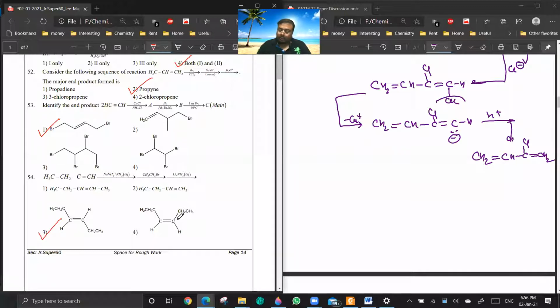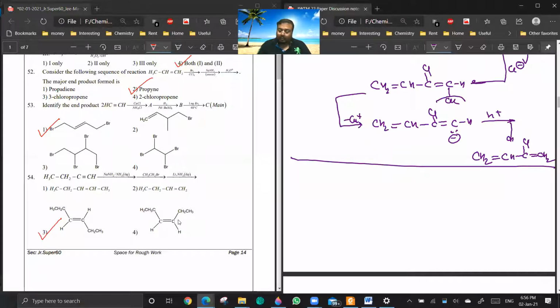53, sir. So 53, I have told you that this will give vinyl acetylene because there are two moles. Do I need to write the mechanism or do you remember it? Sir, can you show the mechanism also? Okay.